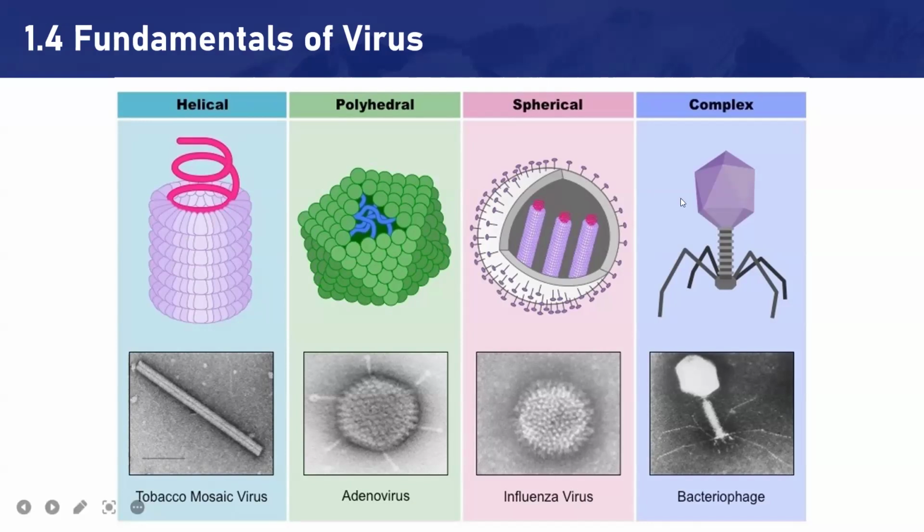The second group is polyhedral virus, such as the adenovirus. The third group is the enveloped virus, and the influenza virus belongs to this group. And the last one is the complex virus, and the representative of the complex virus is the bacteriophage.